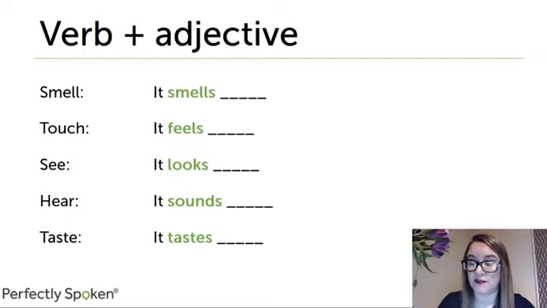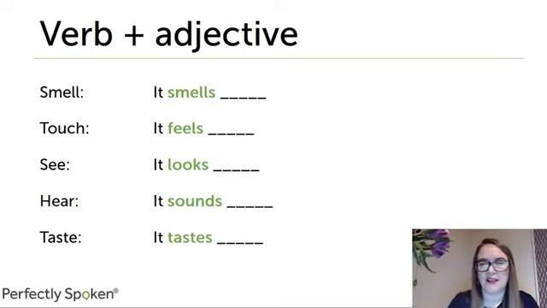It feels. Maybe it feels soft. See becomes look. It looks wonderful. Hear becomes sound. It sounds very loud. And taste stays the same. It tastes disgusting.